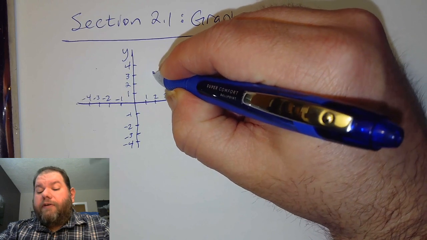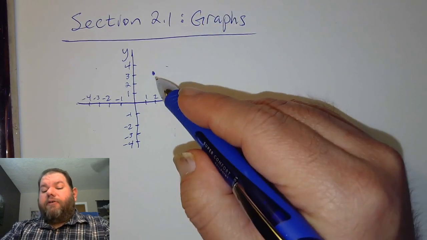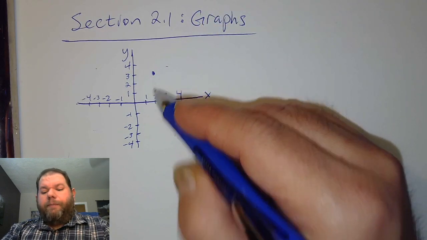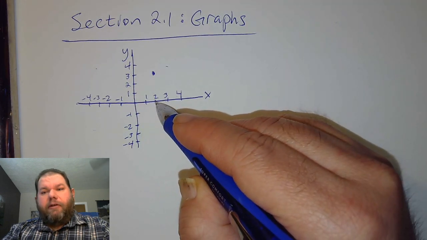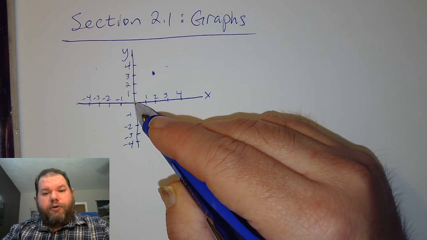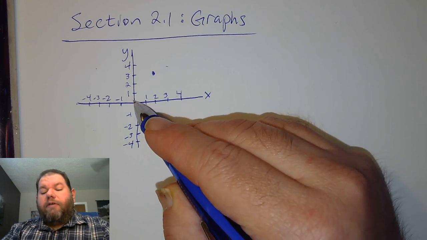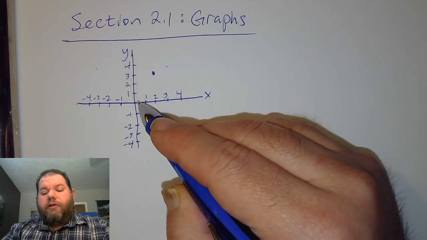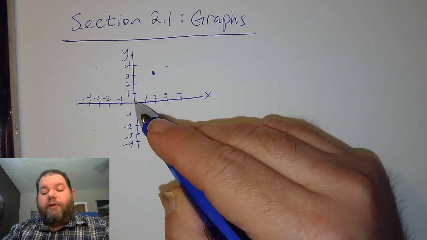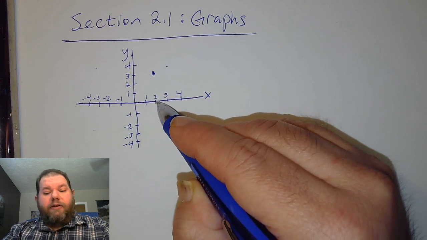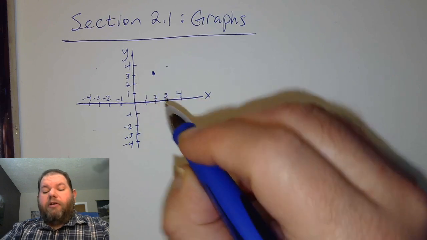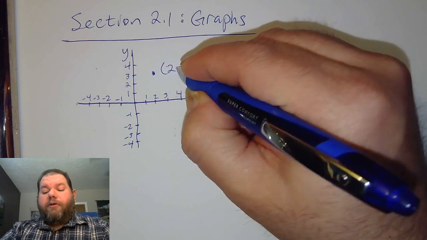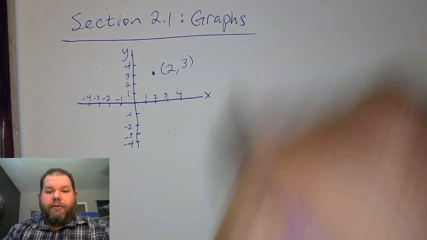So for a coordinate system, the way that we describe a point in the graph is how far it is horizontally from the starting point here in the middle and how far it is vertically. This particular point is 2 points to the right and then 3 points up from there. So when we describe that coordinate, we'll call it (2, 3).